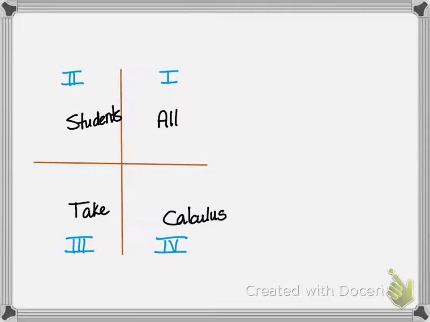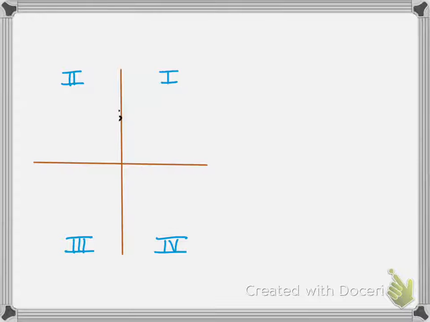I'll allow you to use the formula sheet, but if I was teaching honors students, I would not allow them this formula sheet. They would remember the Roman numerals 1, 2, 3, 4, and the phrase all students take calculus.